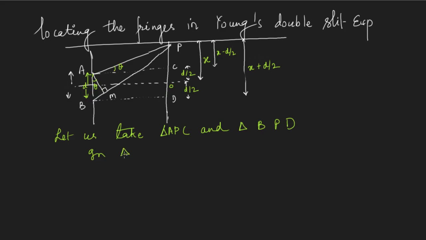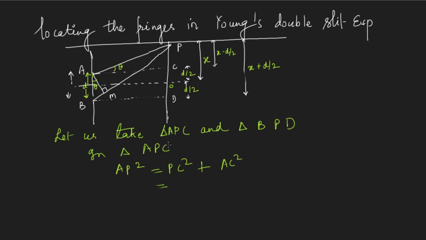In triangle APC, by the use of the Pythagoras theorem, I can write AP square is equal to PC square plus AC square.